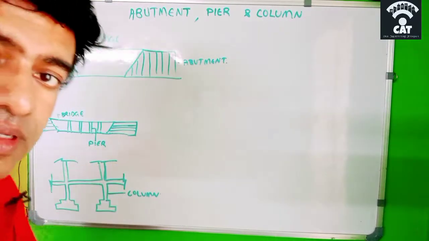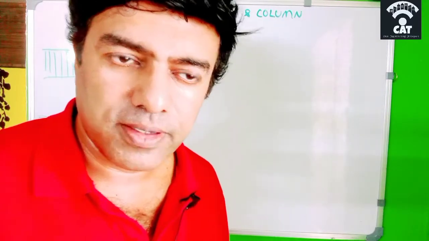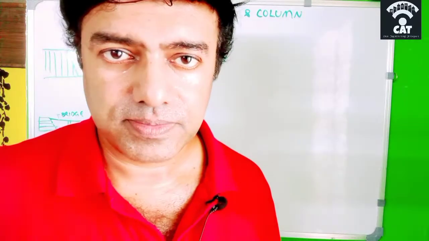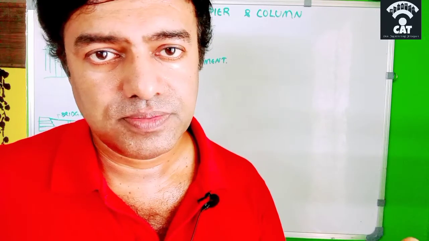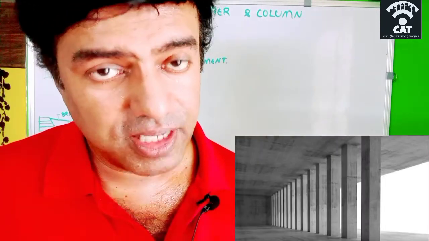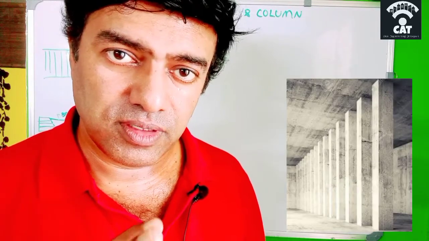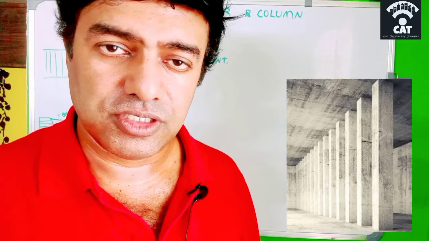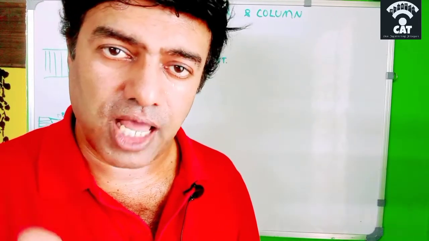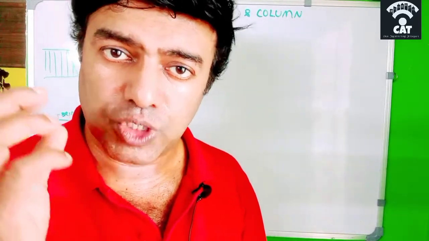And what is a column? A column is a vertical member which transmits the vertical load coming on it from the slab and beam on top of it, that is, the bridge. The bridge consists of slab and beam, and also the vehicle load.